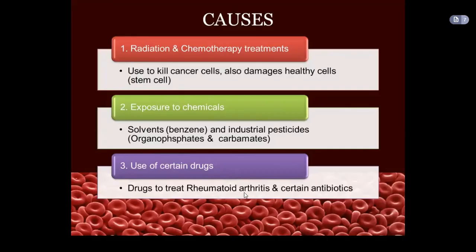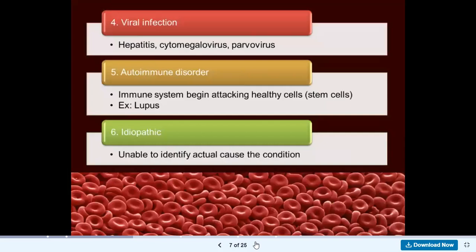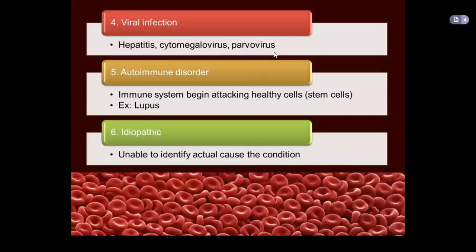So certain drugs can inhibit bone marrow activity. And then some infections, like hepatitis, cytomegalovirus, and parvovirus, also cause a release of cytokines that destroy the bone marrow.